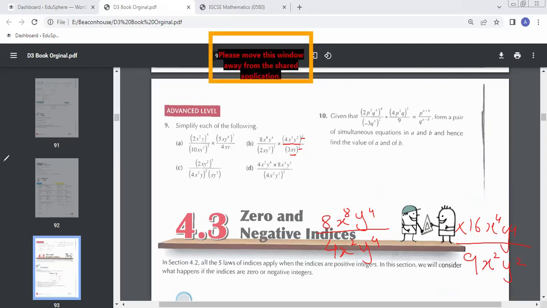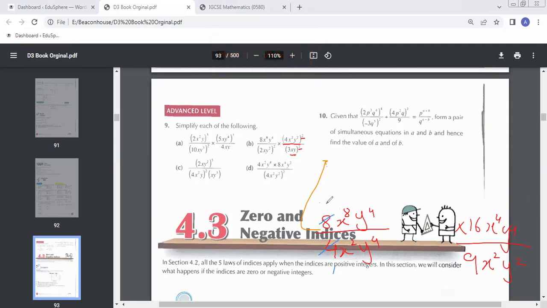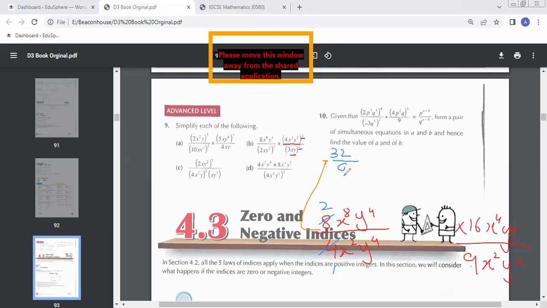We know that first I'm going to simplify. 4 1s are 4, 4 2s are 8. Similarly, I don't have any other number to simplify, so I'll simply multiply 2 with 16, that is 32. And I have this 9 here because 9 times 1 is 9.